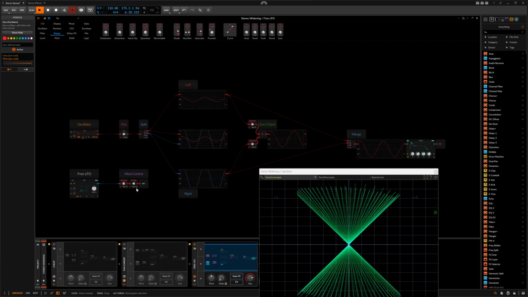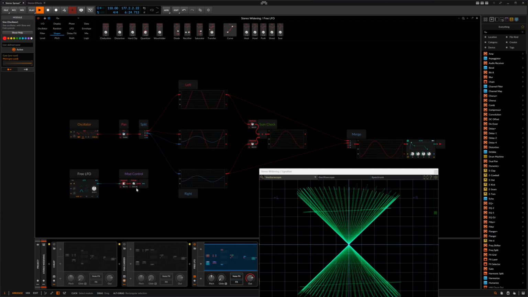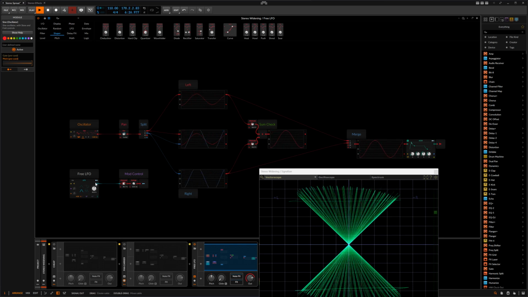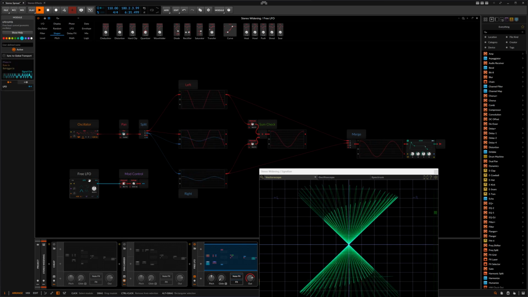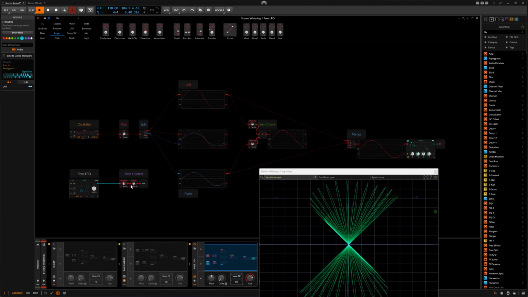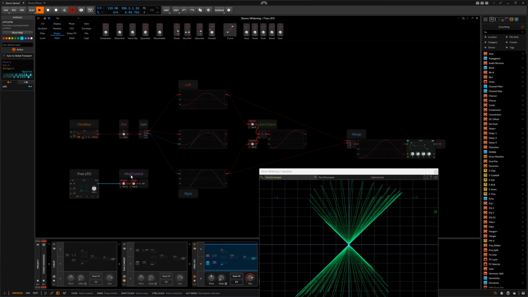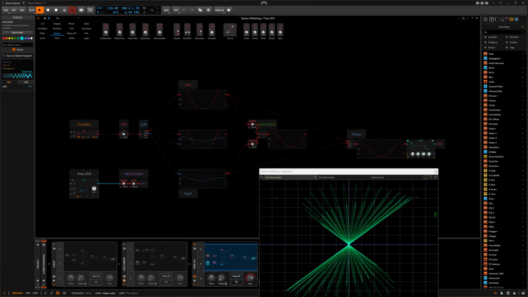It's because of the phase of the input signals, there's a beating going on between this free LFO and the input signal, and it's causing some zero crossing issues. But you can mitigate it by putting an average in here, so it doesn't track it so accurately. There's a bit of lag.